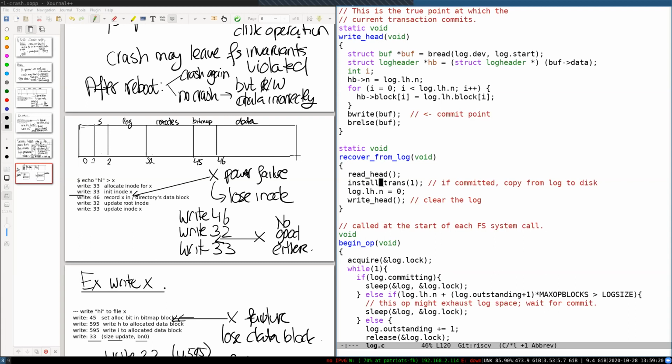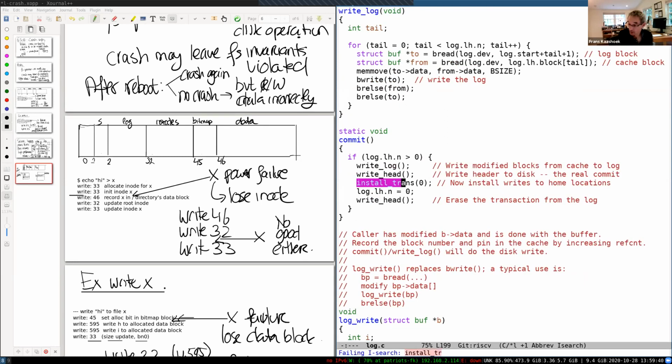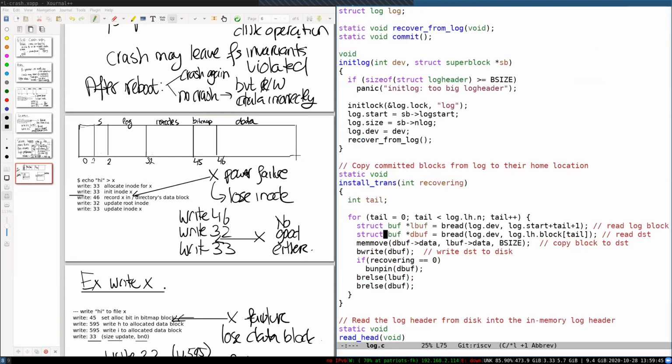Could you make it faster by not putting it into the buffer cache and just directly writing it to the device instead? Let me see, which function are we talking about? I forget its name. It's the one where you copy everything into the log. Okay, install trans. I think so. Yeah, this one? No.